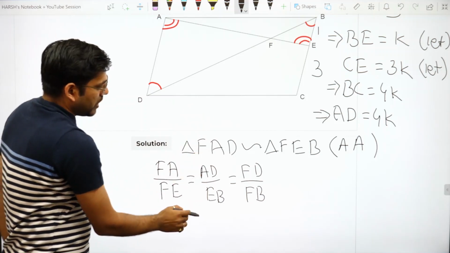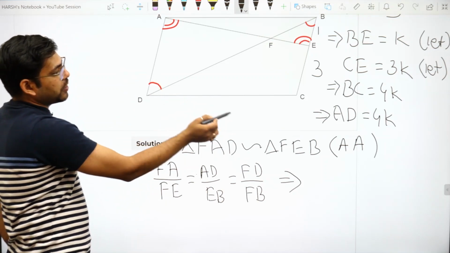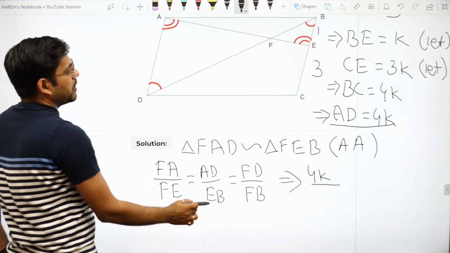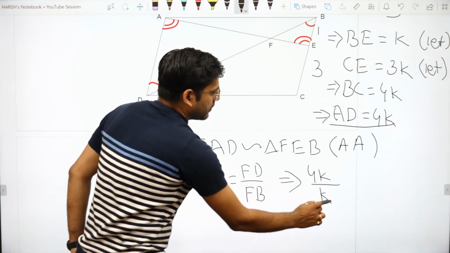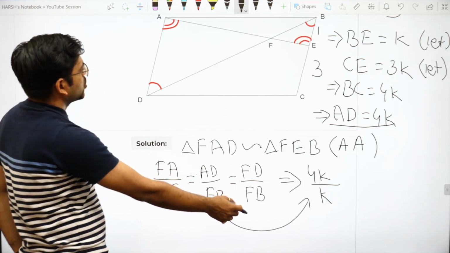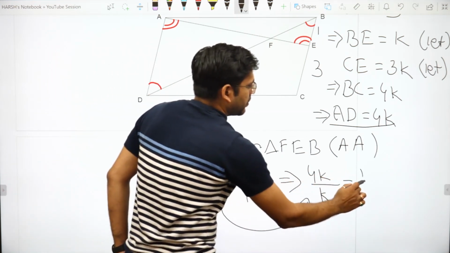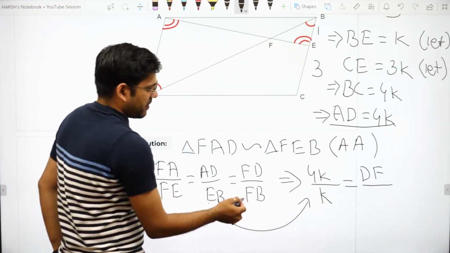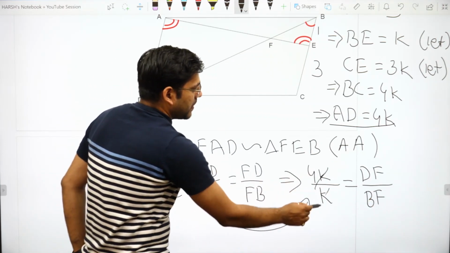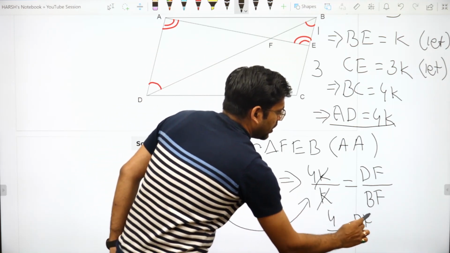In place of AD, it's 4K, so I'm writing 4K divided by, in place of EB, I shall write K, and FD upon FB. So I am writing this equal to DF upon BF. Then K and K will cancel each other. It will be 4:1, equal to DF upon BF.